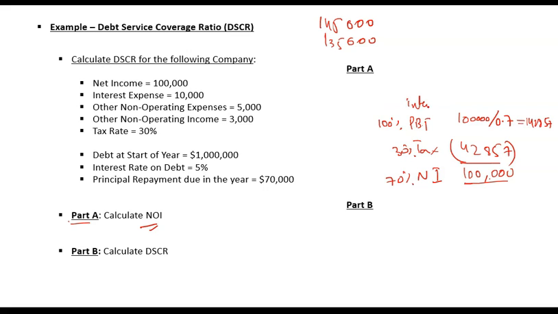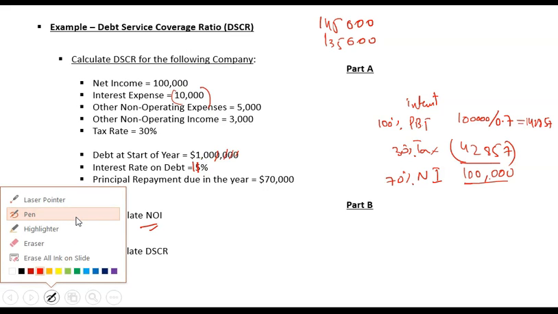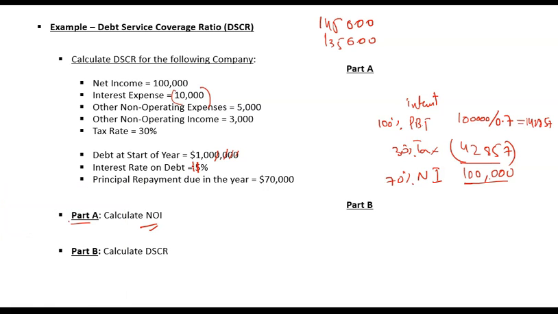Then going further up, what comes before profit before tax? Interest. How much is interest? Interest is 10,000. Or how do we calculate interest? There is a typo in the interest here, so this should be 10% or 1%. Okay, then ignore this 5%.